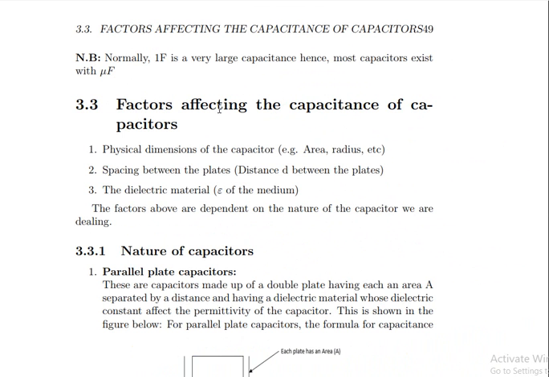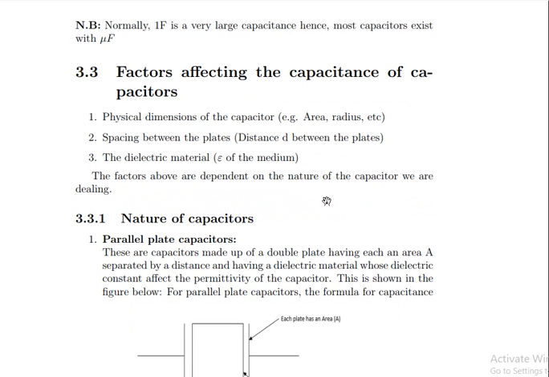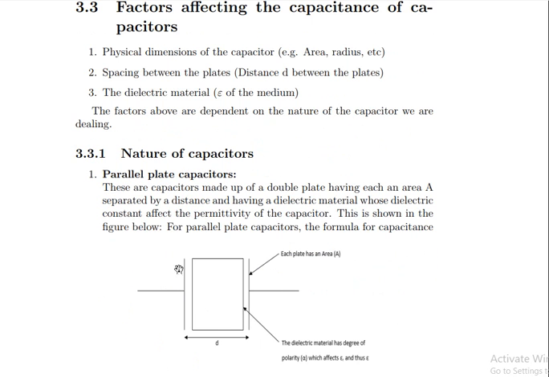Now let's look at the factors affecting the capacitance of a capacitor. There are 3 main factors affecting the capacitance of a capacitor. Number 1, the physical dimension of the capacitor, e.g. the area and the radius. So we have the physical dimension of 1 capacitor plate.